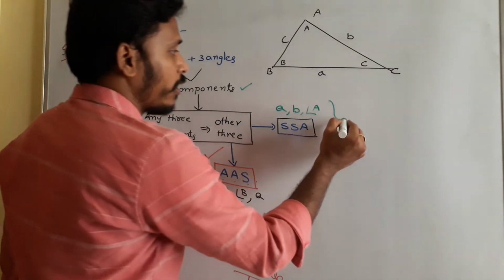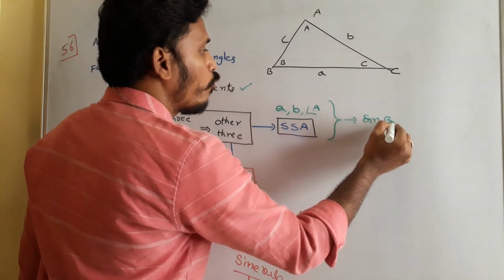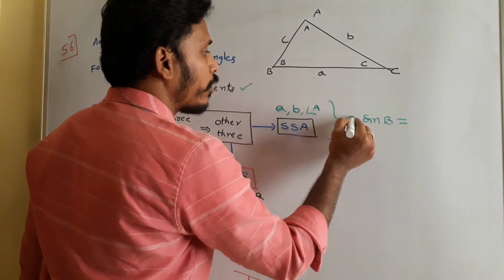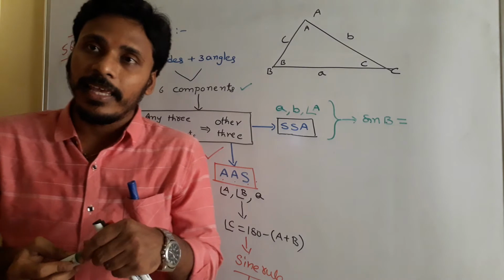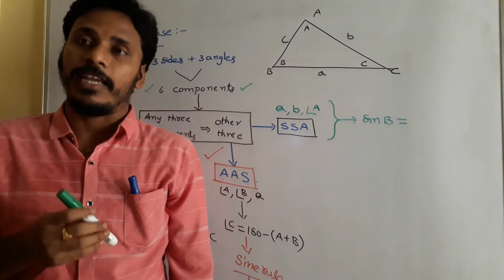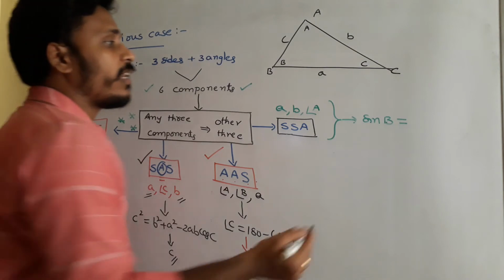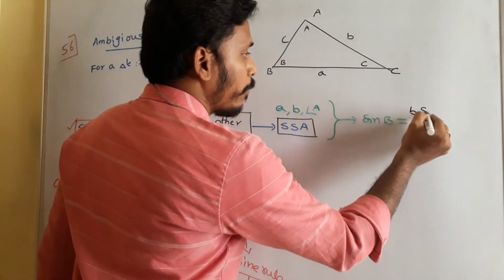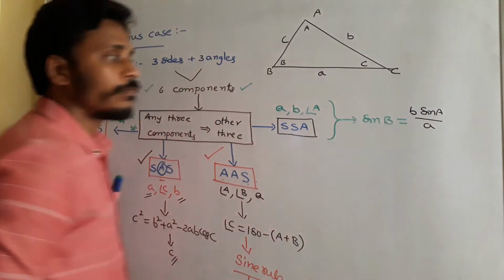With this, if you find sine B, what is the rule for sine B? By the sine rule, a by sine A is equals to b by sine B, and sine B is simply b sine A by a. Is it right?